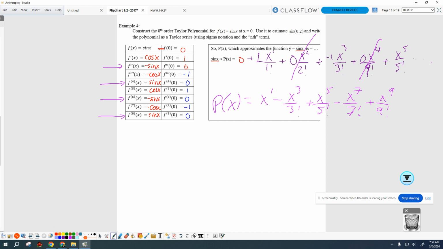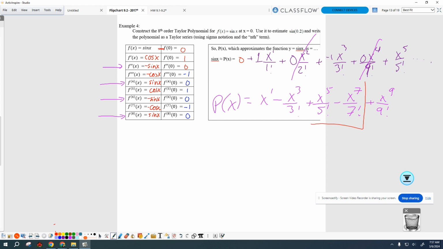Well, let's look, what does the question ask us to do? Construct the 8th order. Order and degree are usually the same. Order is do this many derivatives. I did 8 derivatives. That is my 8th order, though, because x to the 8th had a 0 coefficient.